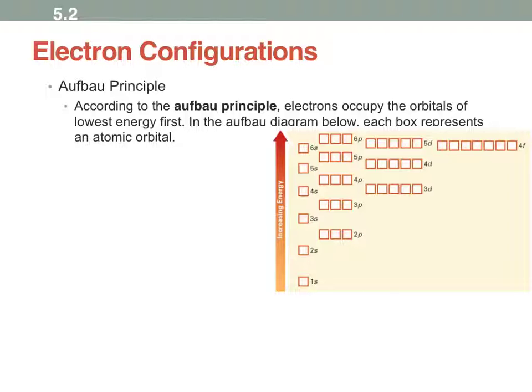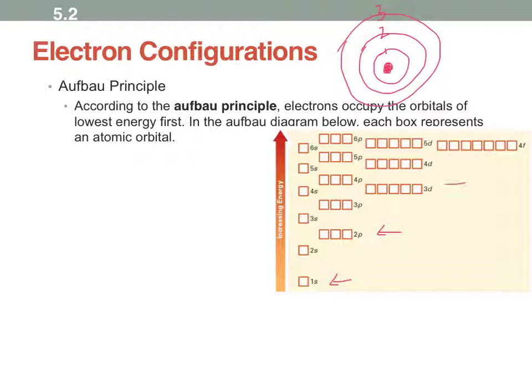And we talked about this last time. If I've got my diagram here, the lowest energy is going to be level 1. Remember, I've got level 1, level 2, 3, and so on. Level 1 is the lowest energy, so level 1 is going to be filled first. They're showing them in these boxes.